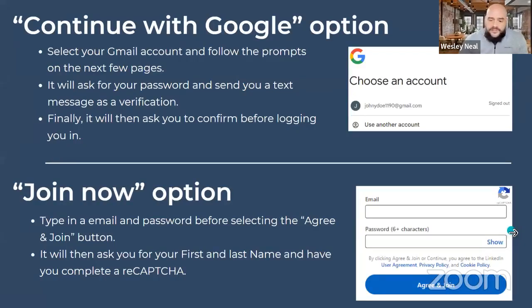It is generally very, very safe, but there is always that opportunity for mishaps and data leaks along the way. But it is relatively safe to link your LinkedIn with your Google. Google prides itself on being a very secure and safe website, and so does LinkedIn. And when you have those secure websites, it's generally very safe for you to connect them in a way that makes your life a little bit easier.